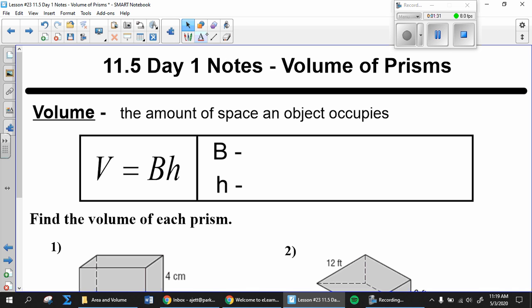So actually, our formula for volume is a little bit easier. Volume is simply capital B times H. These letters mean the exact same thing as they did before. Capital B is still just area of a base, so that hasn't changed.